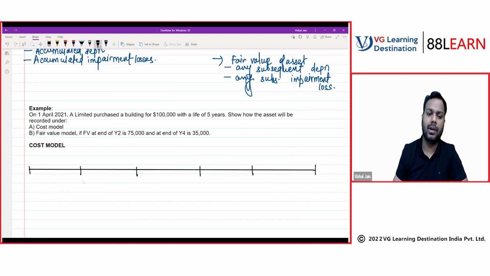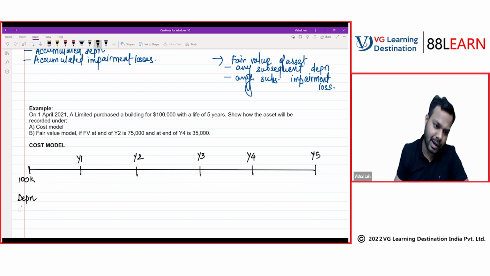So year end 1, year end 2, year end 3, year end 4, year end 5. Now, what is the cost? 100,000. Now, what is the depreciation and what is the carrying amount?